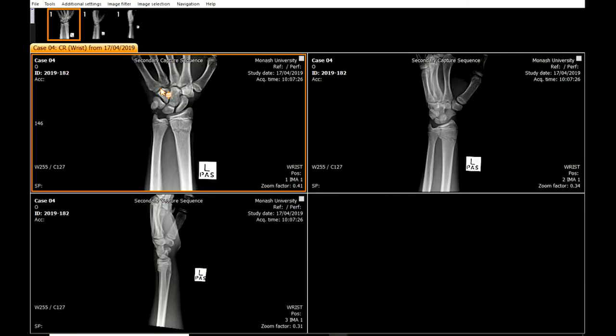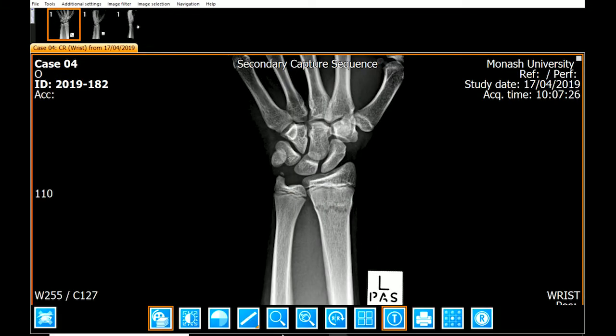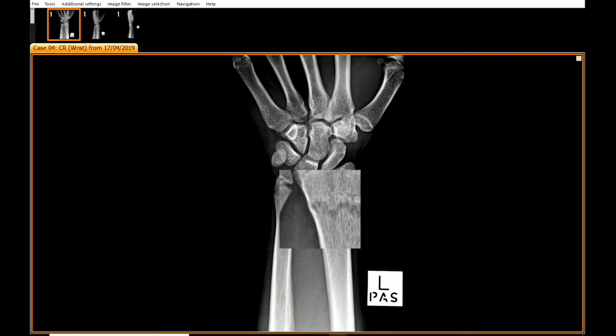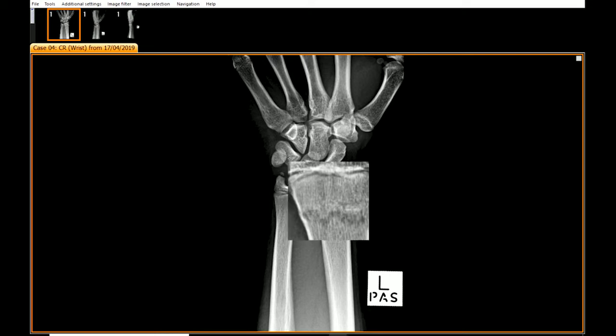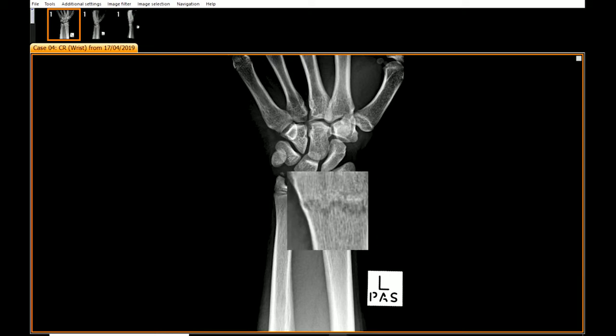For case 4, again a foot injury. So if we look at our DP view, we can see that there is a fracture through the distal radius, but there are a number of lucent lines on this one, which makes it comminuted.